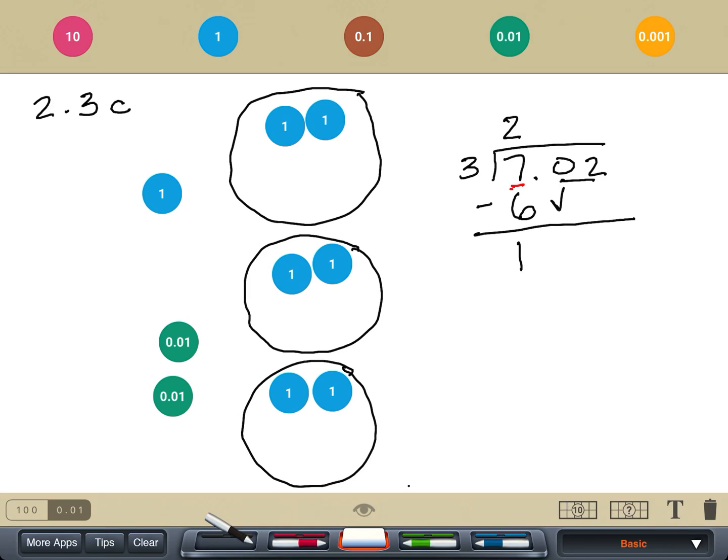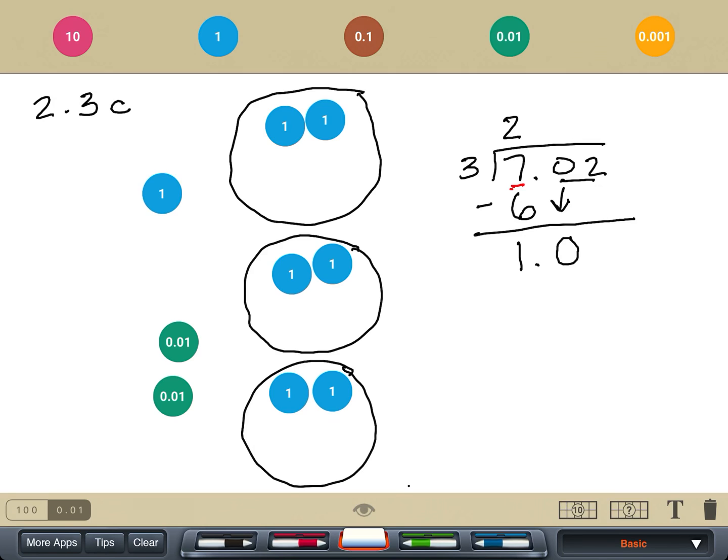Now we are going to bring down our next place value, which is the tenths place. Because we have 1 whole and we have 3 groups, we need to rename this 1 whole as something else. Say if you know what the 1 whole should be renamed as. And if you said 10 tenths, you are correct.